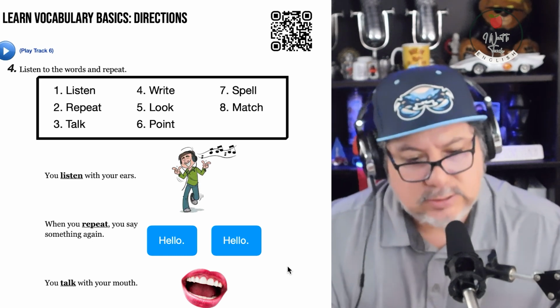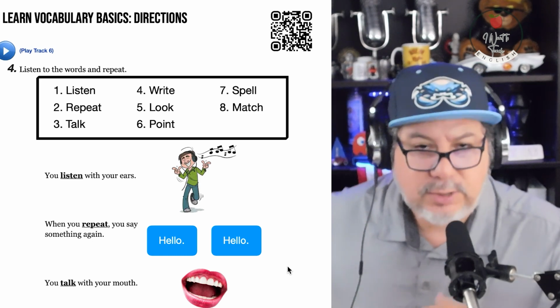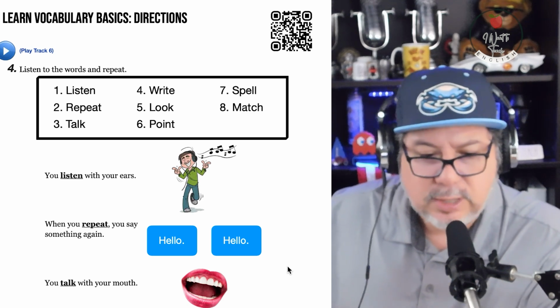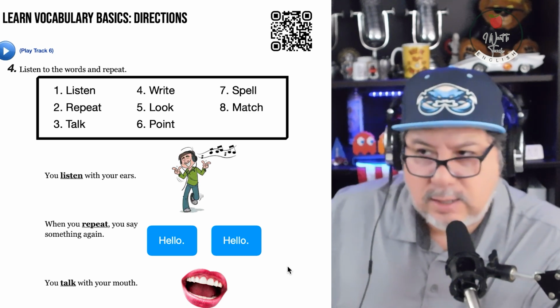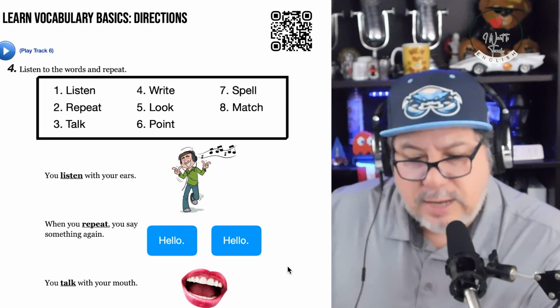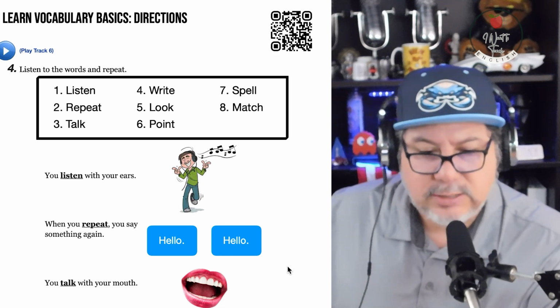Listening is a crucial part of everything that we do, honestly. And I do this illustration in the book where I give these little cartoons or illustrations to drive home the point of what each vocabulary word is. So listen is a big one.